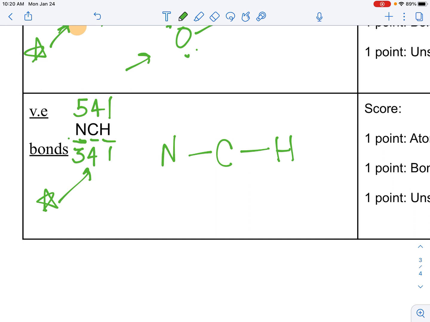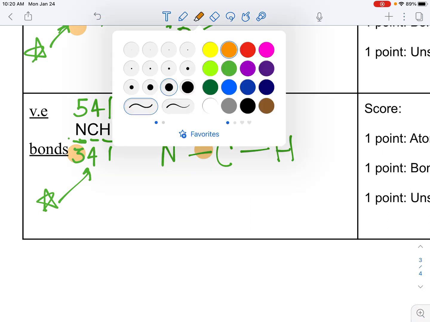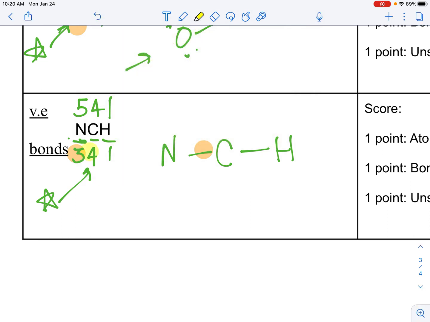So when I see that nitrogen needs 3 bonds and it only has 1, and carbon needs 4 bonds and it only has 1, 2, then I know that the nitrogen and the carbon both need 2 more bonds. So that's going to have to be where there's either a double or a triple.